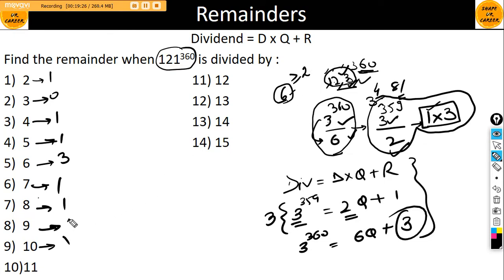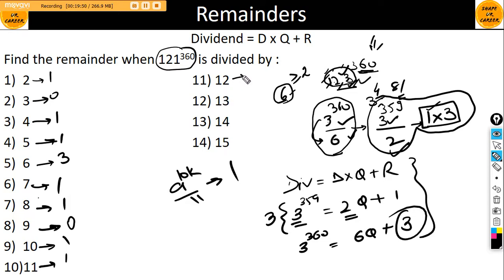So we can say the remainder in this case comes out to be 0. In case of 11, we can see 123 is co-prime with 11. So any number raised to power a multiple of 10 divided by 11 leaves a remainder of 1. Here 360 is a multiple of 10. So the remainder in case of 11 comes out to be 1.